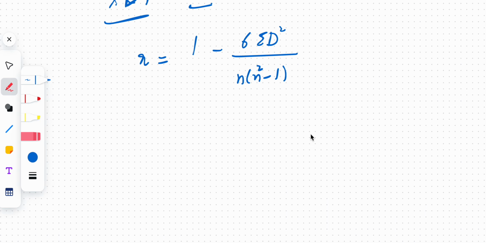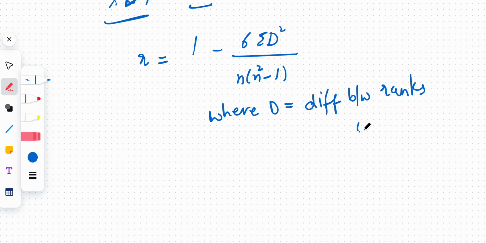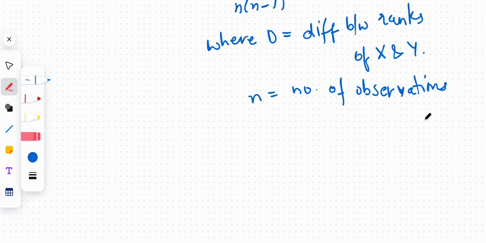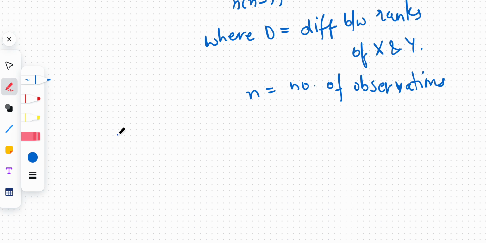So I'm right. This is the formula where my d is the difference between ranks of x and y, and n is the number of observations.